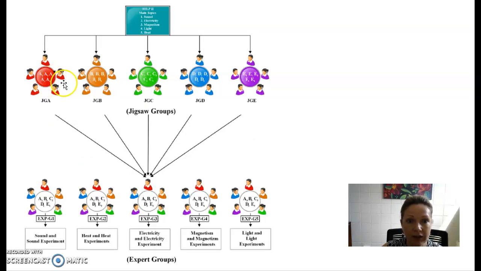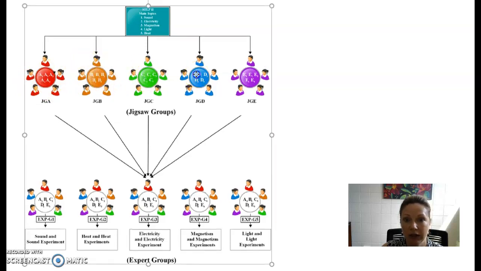Let's look at this next illustration. So again, you can see that all of these students are part of this red team, this red home group. They are all part of the orange, the green, the blue, and the purple. Then one person from A comes down to this group, this expert group. One person from A comes to this expert group number 2.